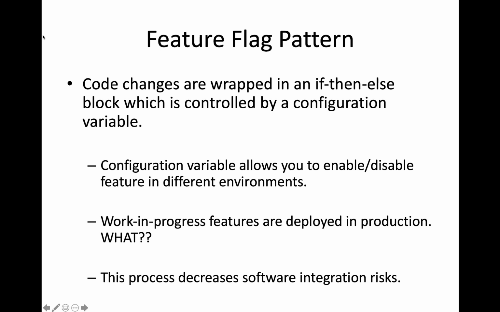This allows us to even deploy code that is sort of a work in progress into a production environment. And we oftentimes call this dark code. This is code that we are still working on that will never be exercised in the production environment because we have turned off the feature flag.